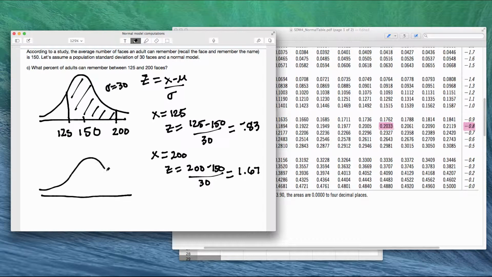Let's draw our standard normal distribution. 0, negative 0.83, draw our other z value, 1.67. So this area to the left of negative 0.83 is 0.2033. This is area to the left because that's what the normal table will only calculate.